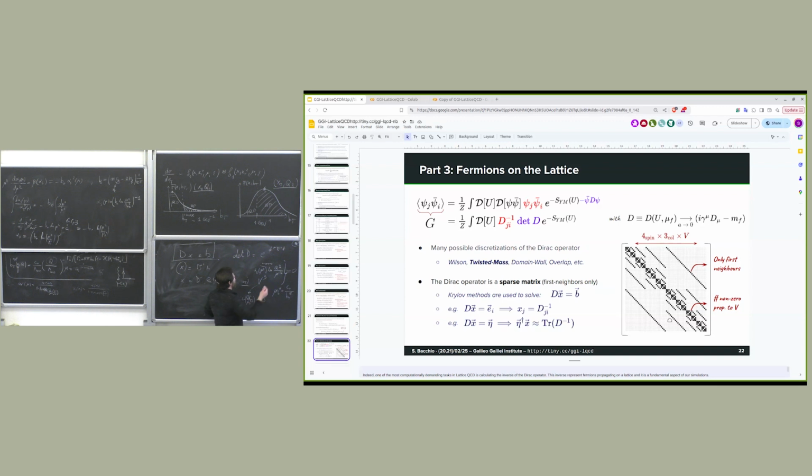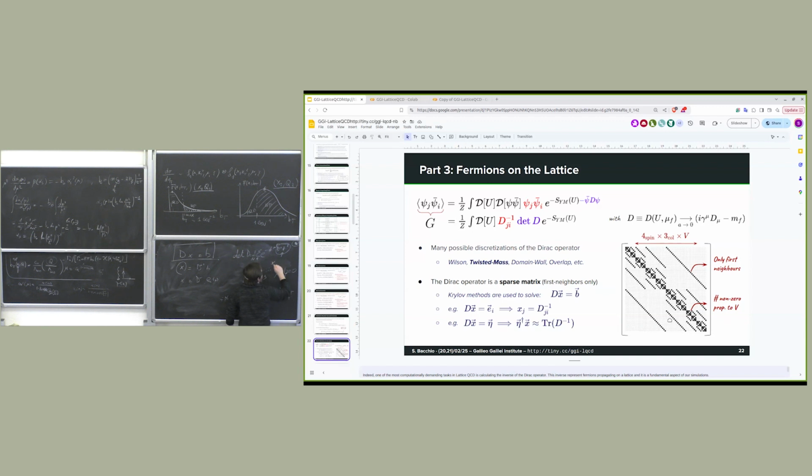On the other hand, if you do not use fermions but bosons, the determinant of D is represented by Gaussian distributed variables. If you sum statistically over many of these phi's that are Gaussian distributed, you get the determinant of D. So again, everything boils down to computing an inverse.